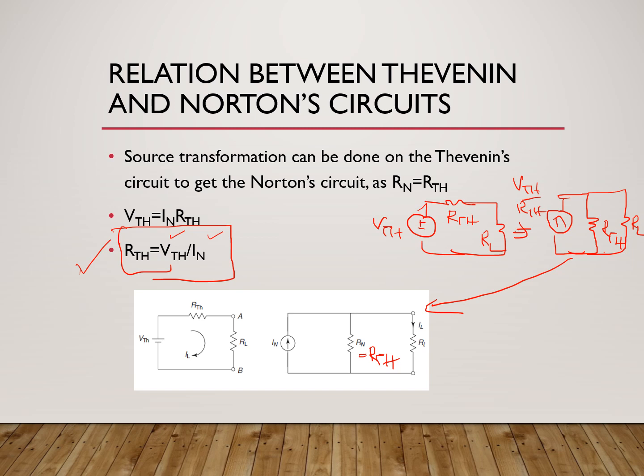One of the methods for finding RTH is to find out VTH, find out IN, and find out the ratio of those. That will give you RTH. Right?